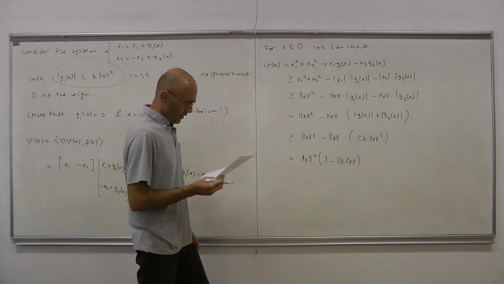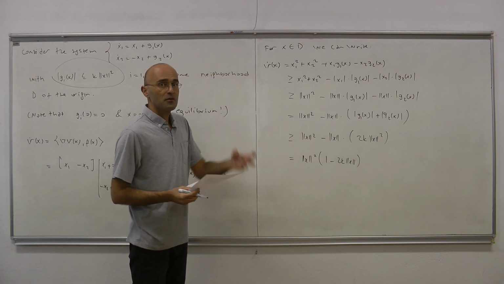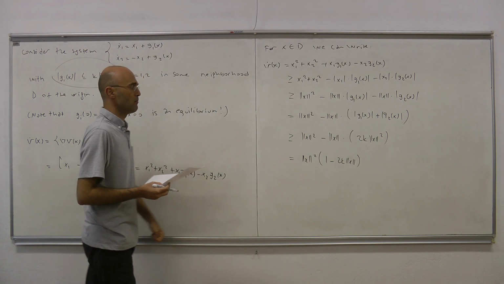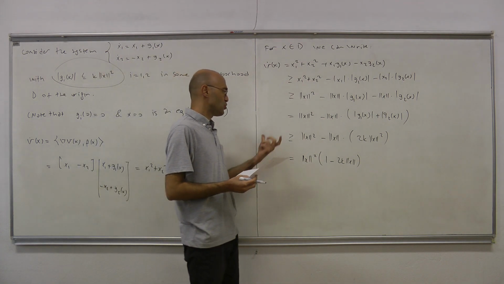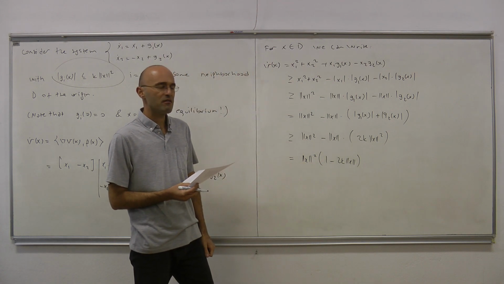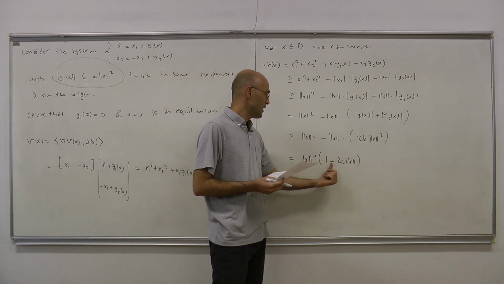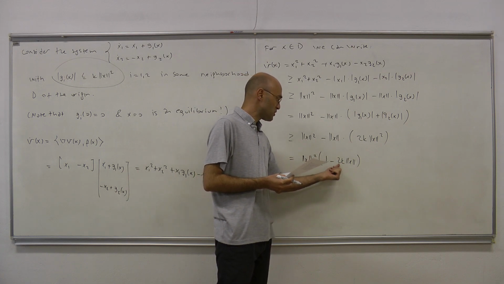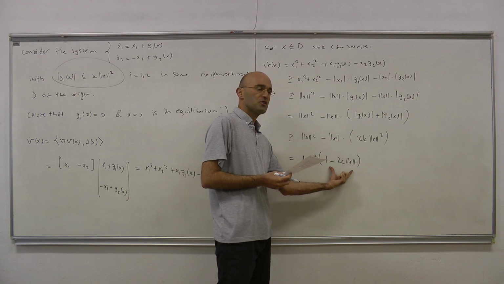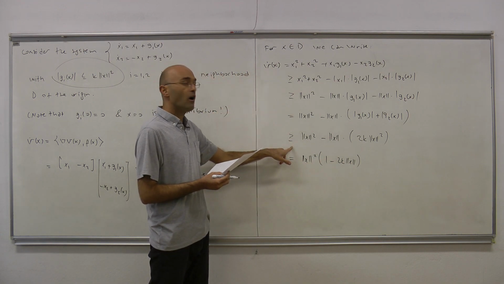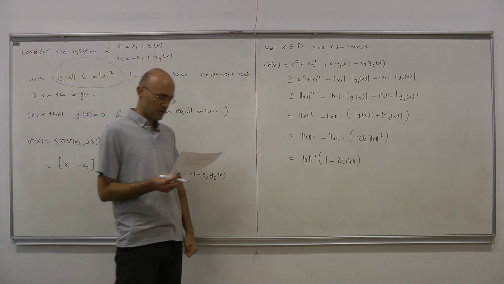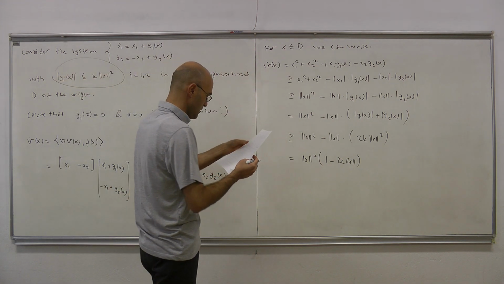So what we want is to obtain a region where V dot is positive, and that region can be chosen by assuming that this norm of x is small enough. If norm of x is small enough, such that 2k times norm of x is smaller than 1, then these things become positive, and then V dot is larger than something positive, therefore V dot must itself be positive. And what's that set where V dot is positive?